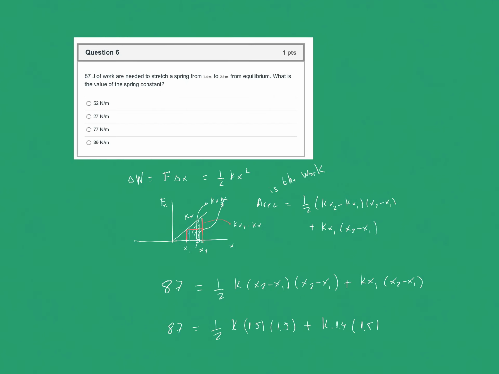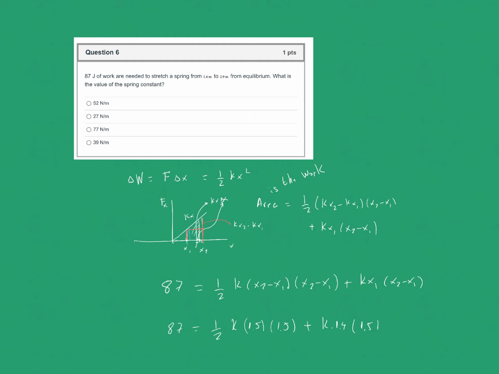Okay, let's go to the next one. The next one says, 87 joules of work are needed to stretch a spring from x1 to x2, where x1 is 1.4 and x2 is 2.9. What is the value of the spring constant?